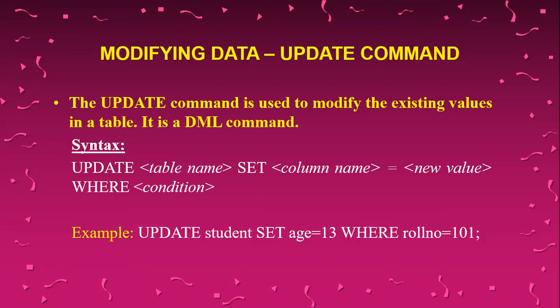After the condition, please do put a semicolon. Suppose I just want to update the age of roll number 101 to 13. How will I write the statement? Update student set age equal to 13 where roll number equal to 101.